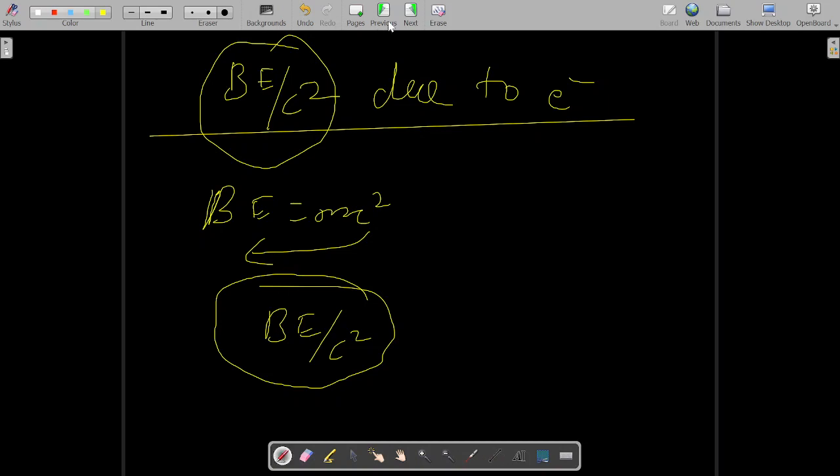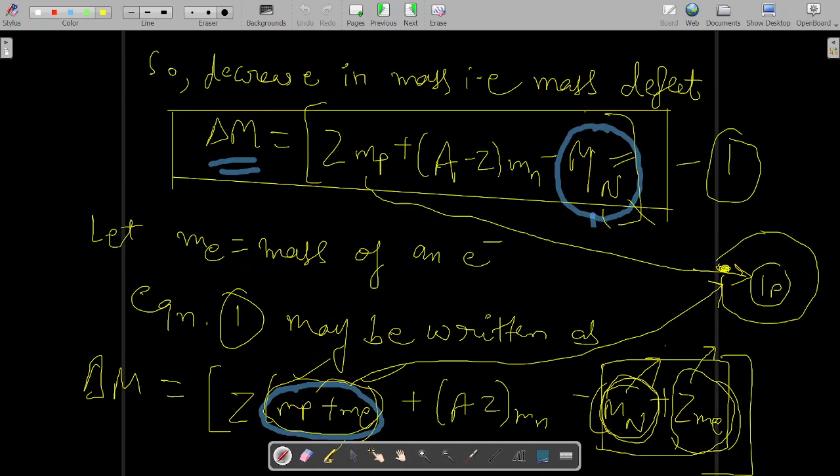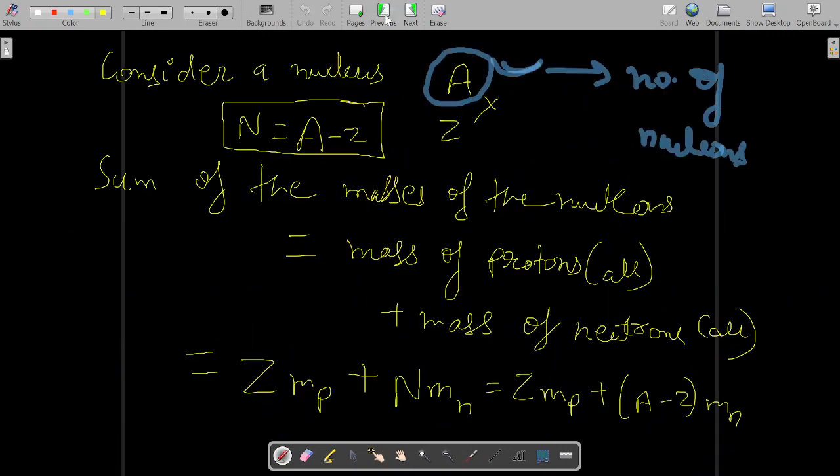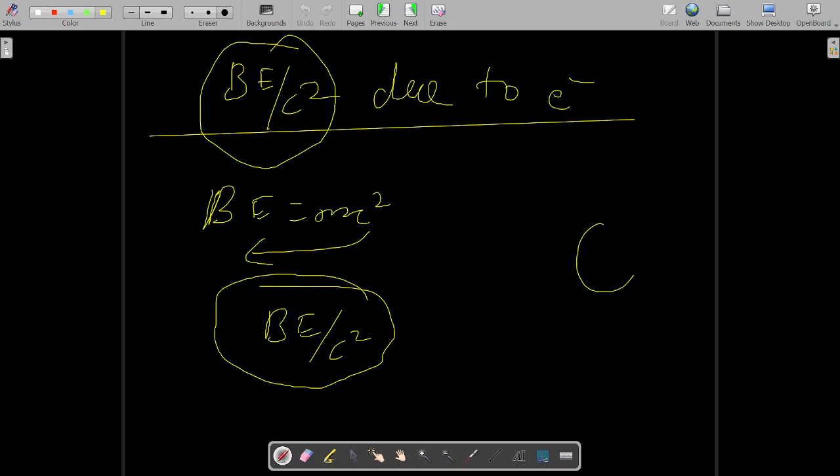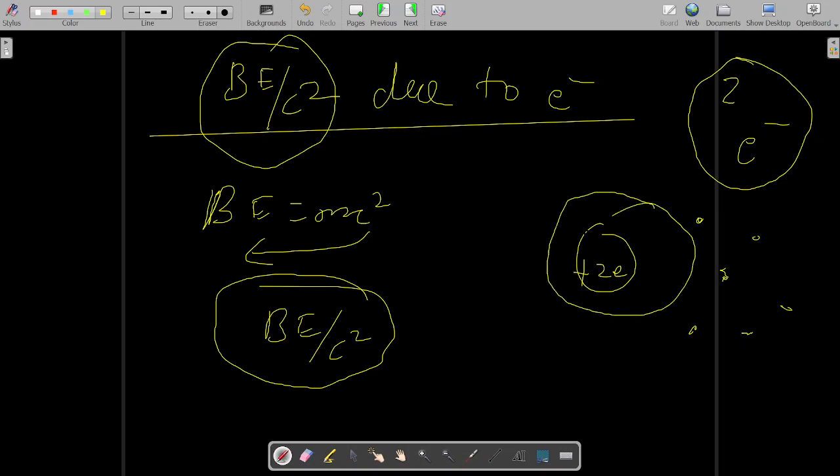So when a neutral atom is formed, suppose this plus Ze nucleus was there, and suppose Z number of electrons come and start making motion around this nucleus.